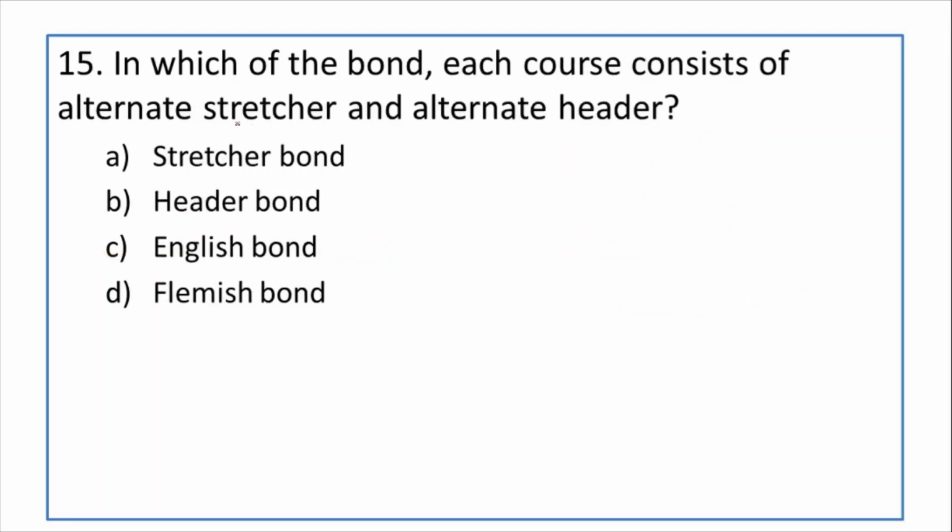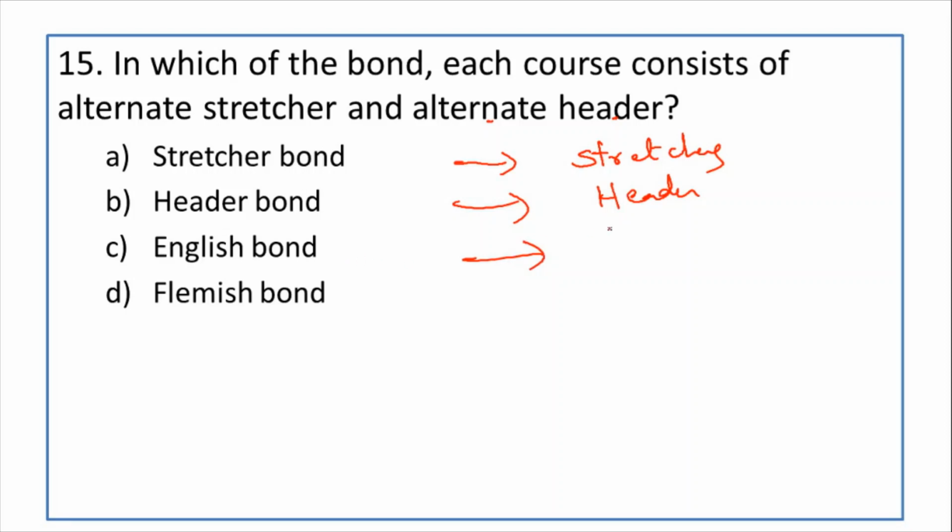Okay, then next question is, in which of the bond each course consists of alternate stretcher and alternate headers? So basically if you take the stretcher bond, it completely consists of the stretchers, and if you take the header bond, it completely consists of the headers.